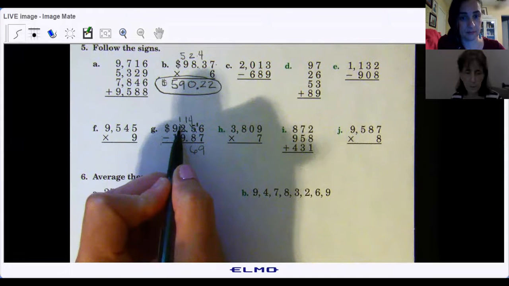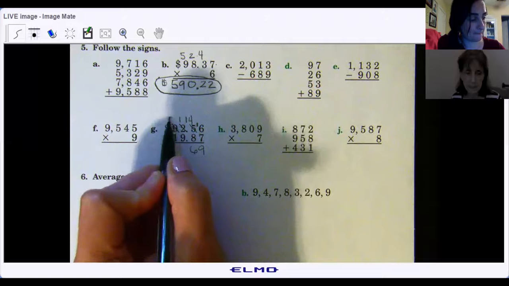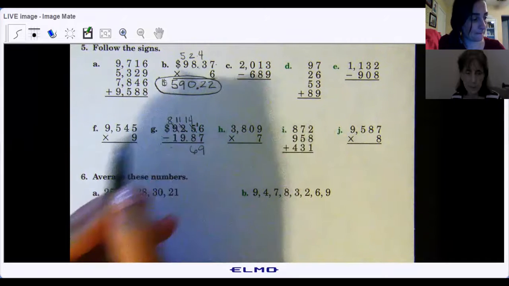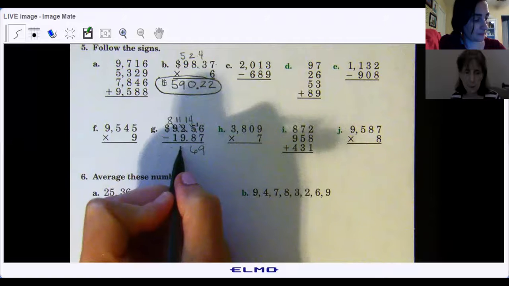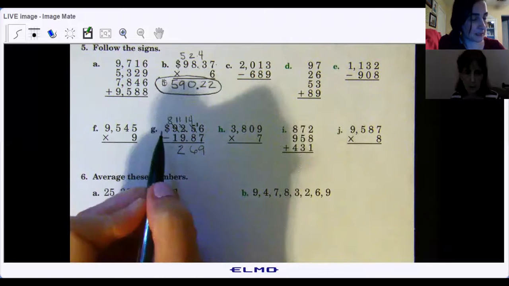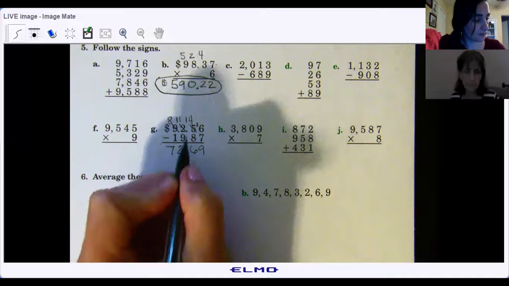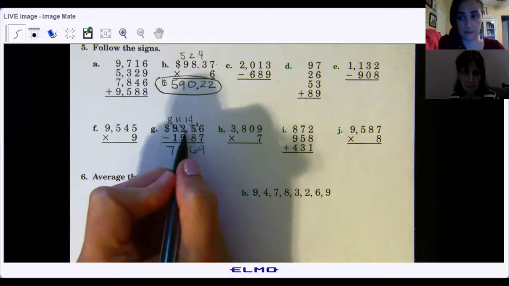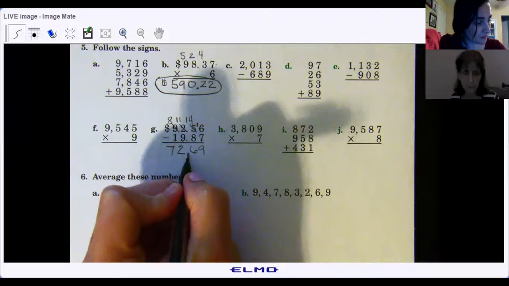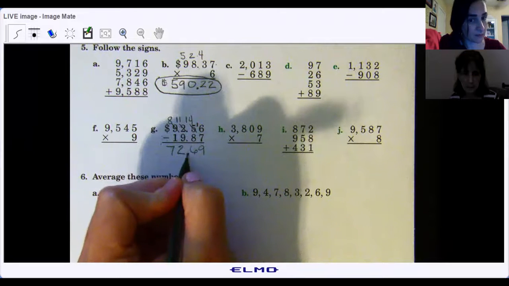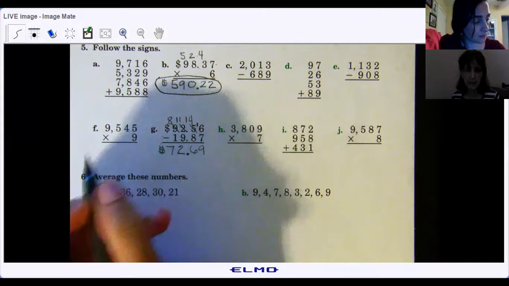And then 1 take away 9 we can't do, so we have to borrow from the 9, makes that an 8. The one we borrowed makes it 11. 11 minus 9 is 2. And 8 take away 1 is 7. So we have 7. And then we have 2 places for cents. Just line up your decimal points and bring it down. So we have $72, don't forget your dollar sign, and 69 cents.